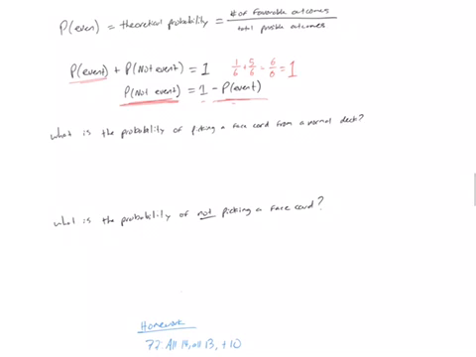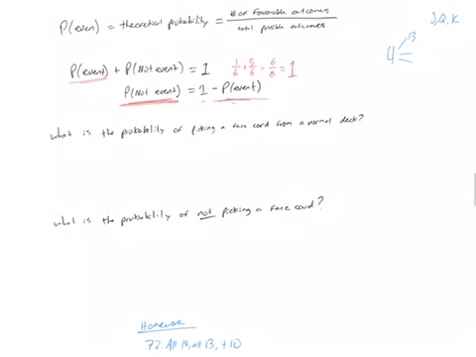It says, what is the probability of picking a face card from a normal deck of cards? Now, let's just refresh our memory for a second. There are 4 suits. Each suit has 13 cards in it, an ace through a king, and the face cards are the jack, the queen, and the king.